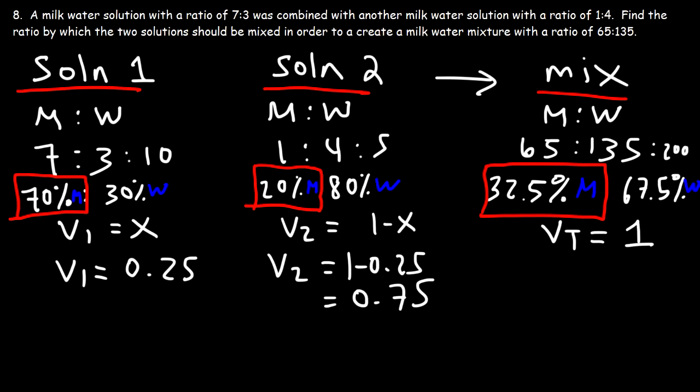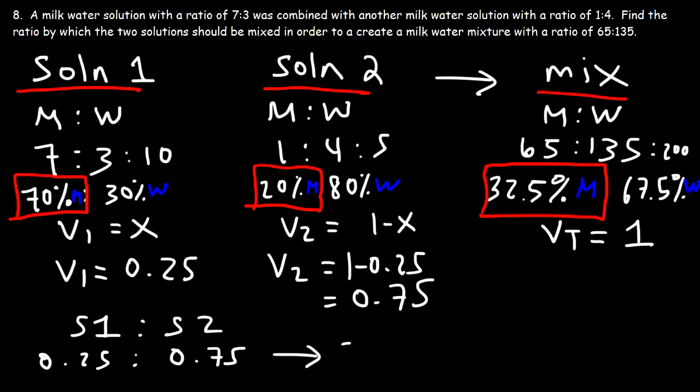So now we can write the ratio between solution 1 and solution 2 is 0.25 to 0.75. If we multiply that by 100, that gives us 25 to 75. Then, if we divide that by 25, this will give us a ratio of 1 to 3. So this is the answer.